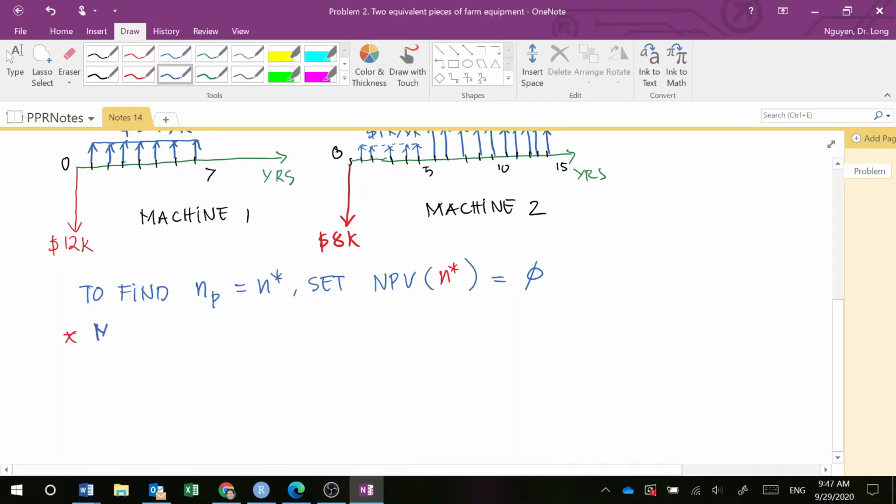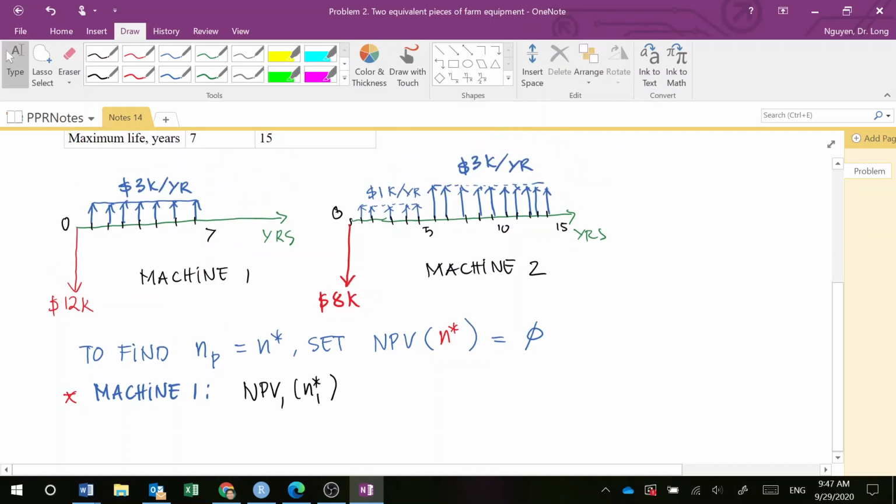With Machine number 1, we set the NPV. So we have NPV 1 at N star for Machine 1, as you can see here. It equals, from the cash flow that you see, negative 12,000 plus 3,000 for N star years.